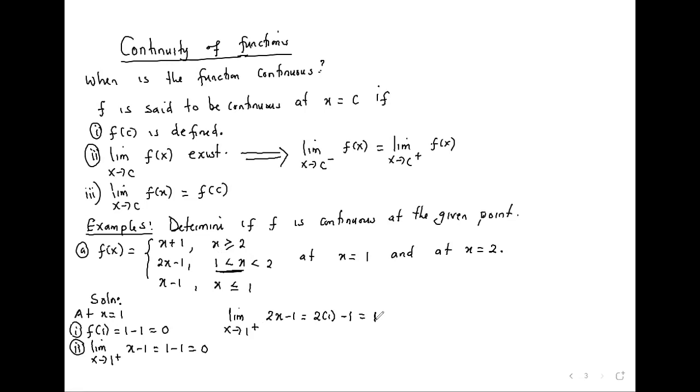Now what we have observed is that the limit as x goes to 1 from left of f is equal to 0, which is not the limit as x goes to 1 from right of f, which is 1. So the two numbers are not equal. That means that the limit as x goes to 1 of f does not exist.